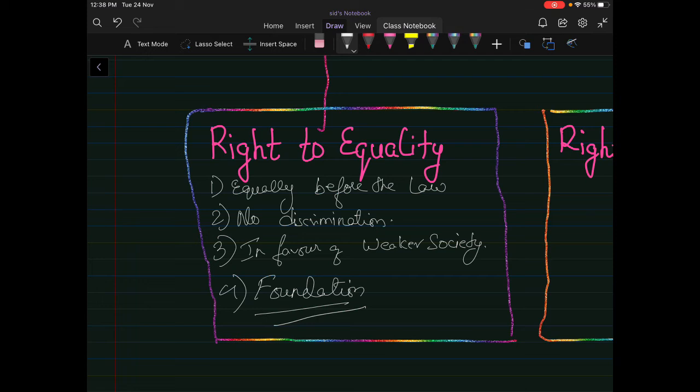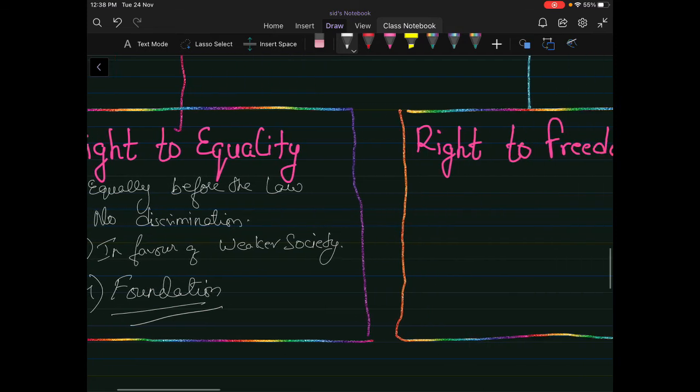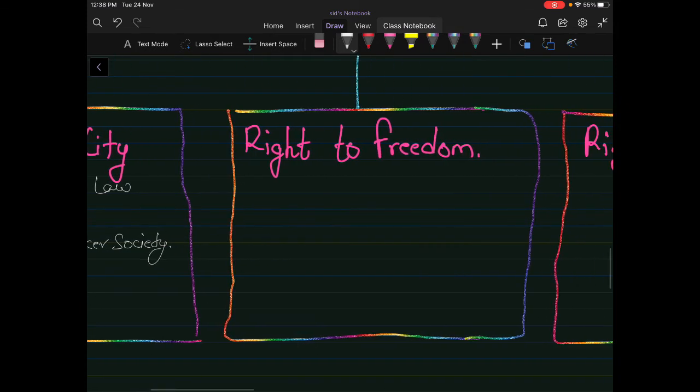So let us move on to another right, that is the right to freedom. Number one, it expresses the right to protection of life and personal liberty. Right to freedom means we have the right to protect our lives and enjoy personal life.